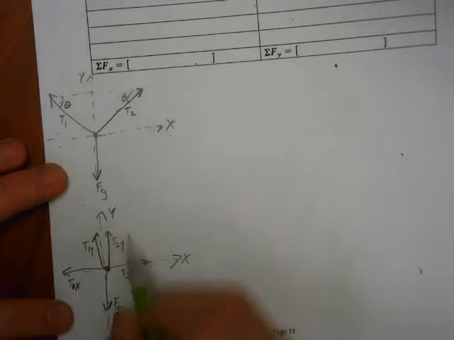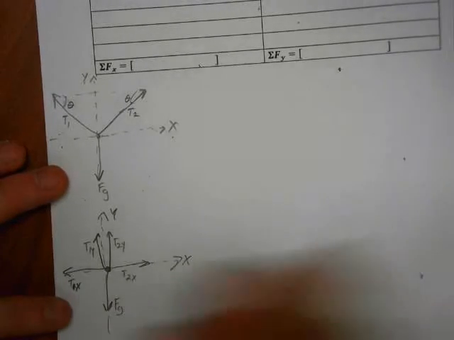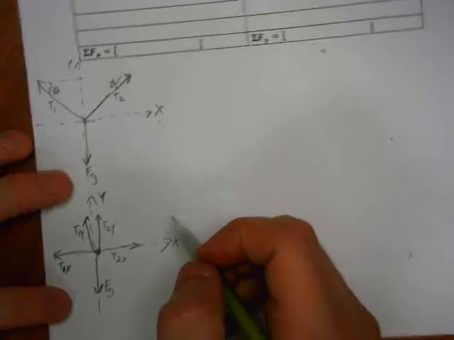Again, these are along the same path in the y direction. I just drew them kind of separated like that so you can see them, expanded. So what are these things equal to?